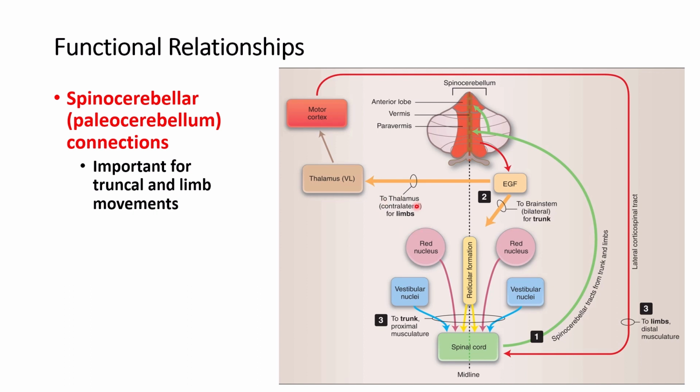Other information is sent contralaterally to the thalamus, and the ventrolateral nucleus of the thalamus processes that, and it goes to the cortex of the cerebrum, and then it crosses again in the medulla. This goes to the lateral corticospinal tract, so it crosses in the medulla and goes to the distal part of the limbs.